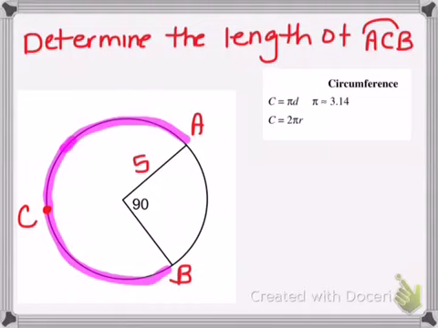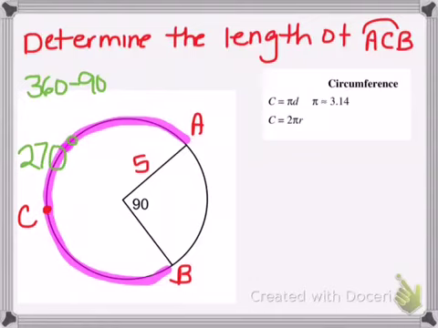Again, determine the length of major arc ACB. I've highlighted that in purple. Now I know that the minor arc AB is 90. So to find the measure of the major arc, I need to say 360 subtract 90, and that's going to give me the major arc measures 270 degrees.